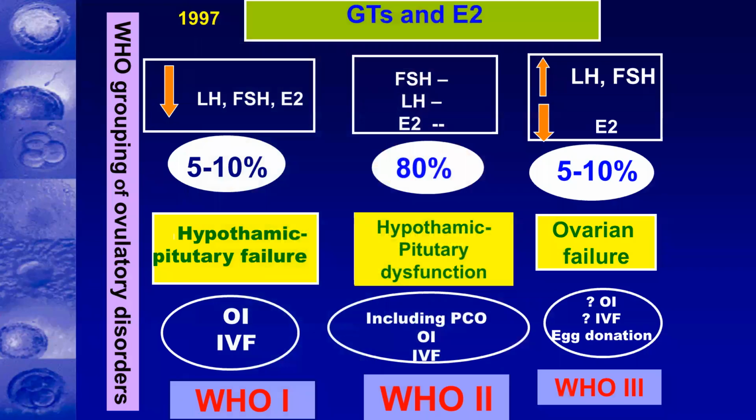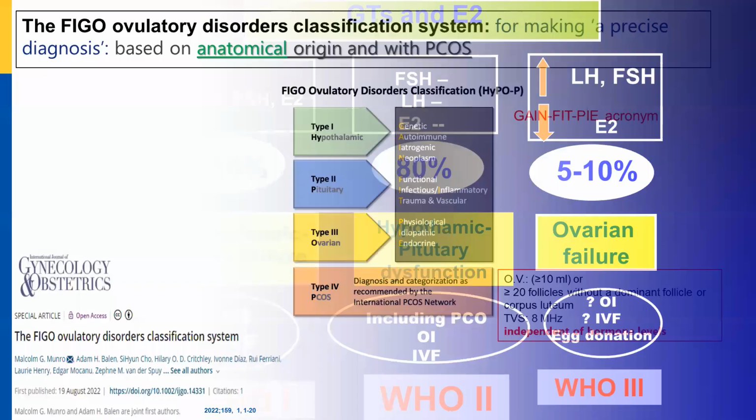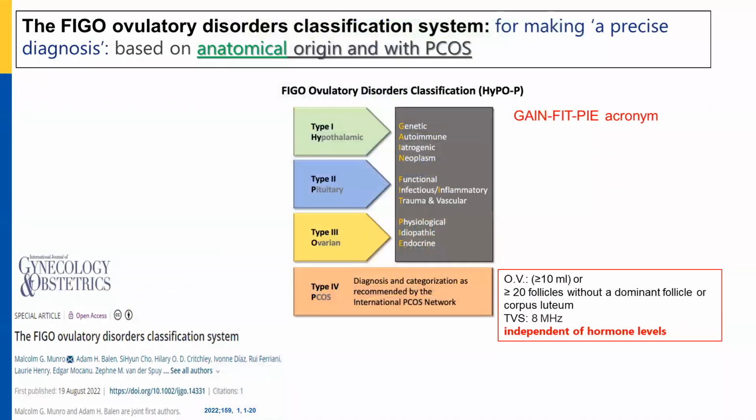You know that the WHO grouping of ovulatory disorders was based on hormonal assay of the patients. And recently, FIGO designed another classification of ovulatory disorders based on anatomic origin, called HyPoP, which is hypothalamic, pituitary, ovarian, and polycystic ovarian disease.